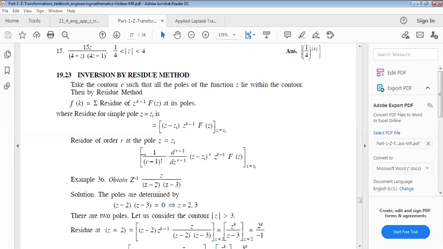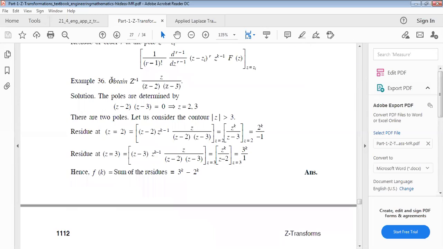This is the residue of order r at the pole z = zi. For a simple pole, r is 1, which is why the order of differentiation is r - 1. Remember it. Now you have to apply this residue method in finding the inverse z-transformation.